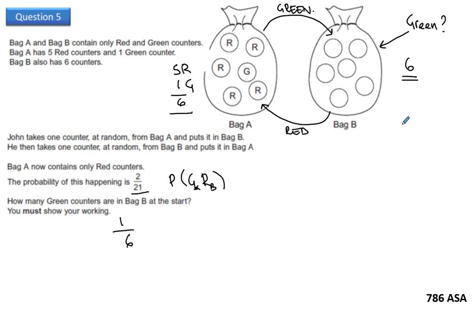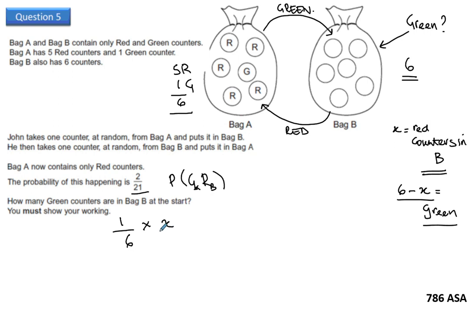So we're going to say X is the number of red counters in B. The green ones will be 6 minus the red ones. Again, you're just planning and preparing. So let's call the number of red counters X.